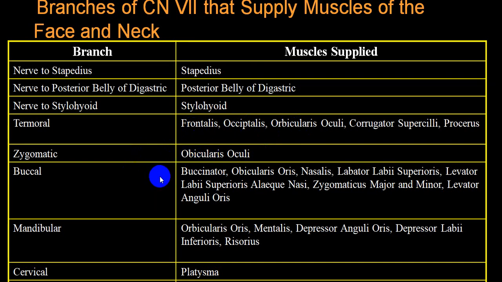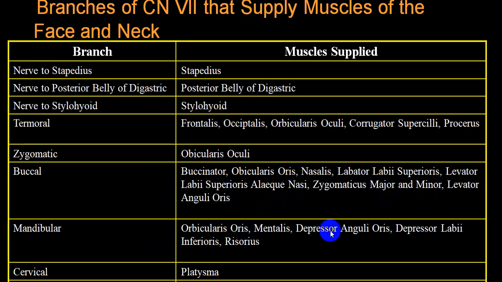The buccal branch will be supplying buccinator, orbicularis oris, nasalis, levator labii superioris alaeque nasi, zygomaticus major, zygomaticus minor, levator anguli oris, etc. The mandibular division supplies orbicularis oris, which is also supplied by the buccal branch as well as the mandibular branch.